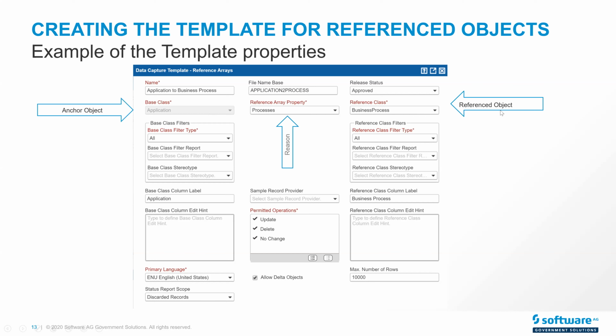The reference class or the referenced object is the business process. And the reference array property is application processes business process. What we'll do is permitted operations are update or delete or no change. And then this is the only data that we need to specify for these establishing relationships.